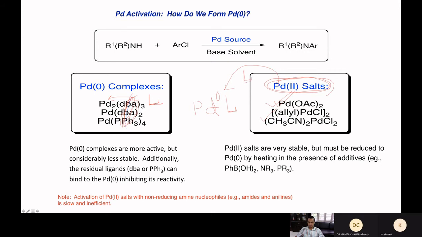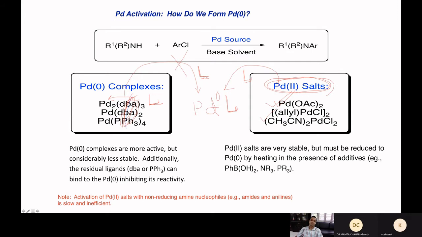What you don't do is take palladium DBA or palladium tetrakis triphenyl phosphine complex and then add the ligand, because this DBA will always compete with the expensive ligand L which you want to add. These are very precious ligands and very important for these transformations.